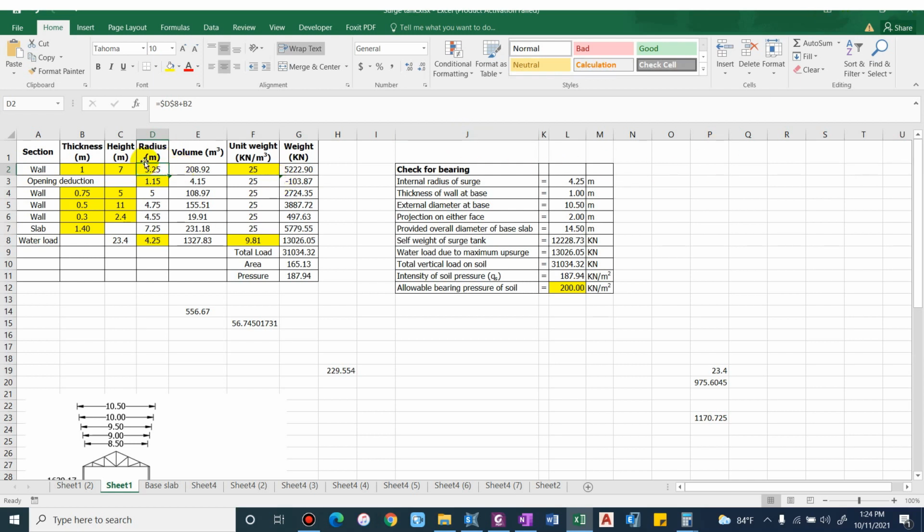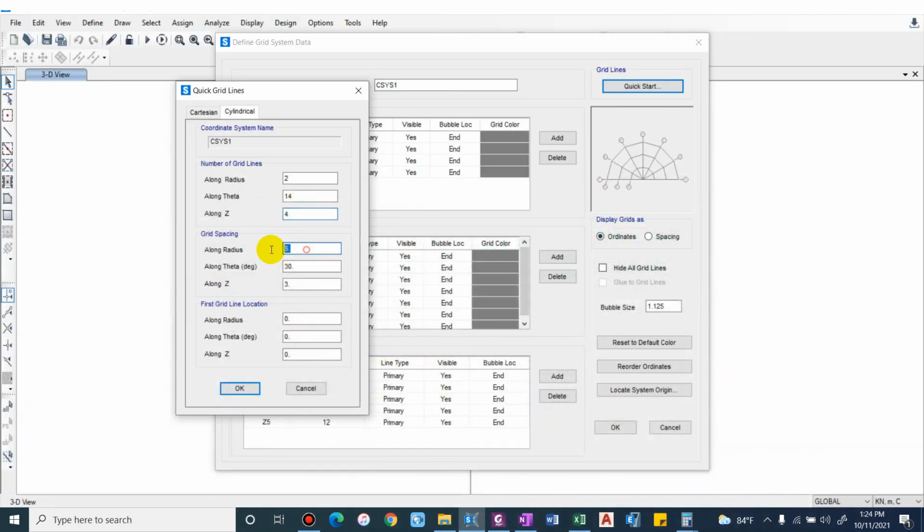So 4.25 and 5.25 gives 4.75, and we have along theta, for now let us put this as 15, and 360 divided by 15 gives 24, so 24 grid lines along theta. And along z, for now let us go as 7. First grid line location 0 0 0.